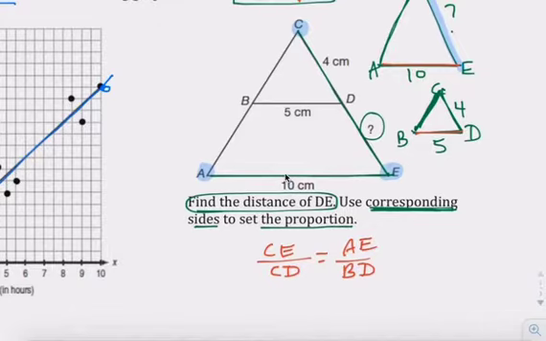CE is unknown, CD is 4, equals AE, which is 10, over BD, which is 5.